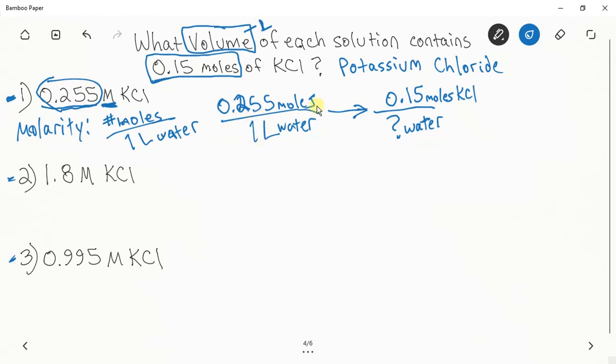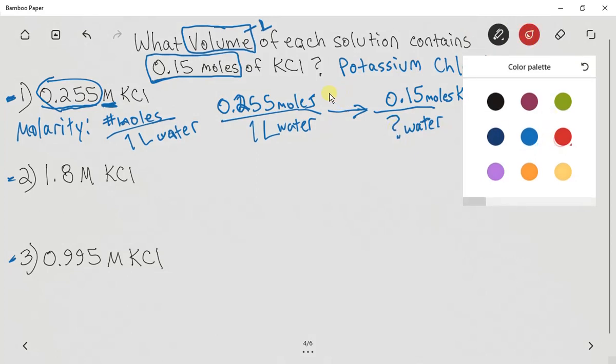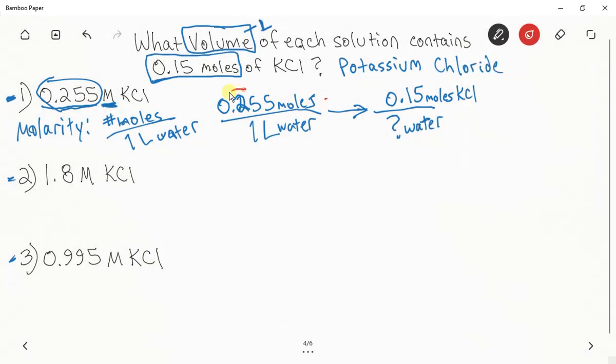We need to turn this 0.255 moles into 0.15 moles of potassium chloride, and that is going to tell us how we can turn this liter of water into however many liters of water we need for this problem.